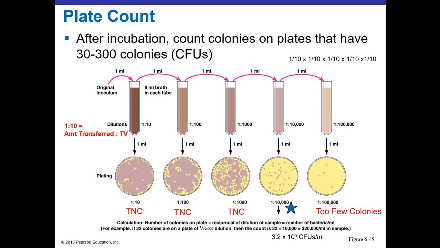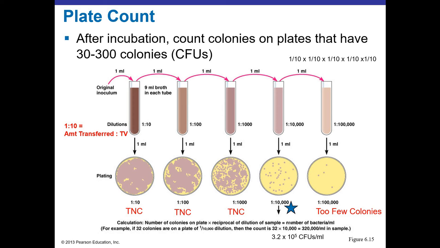So that would be like taking 1 to 10 times 1 to 10 times 1 to 10 times 1 to 10 times 1 to 10, 5 times, till we get the 1 to 100,000. So now we have the tubes diluted. We can see that visually by the color keeps getting lighter and lighter. That's representing that there's fewer bacteria each time we do a dilution.